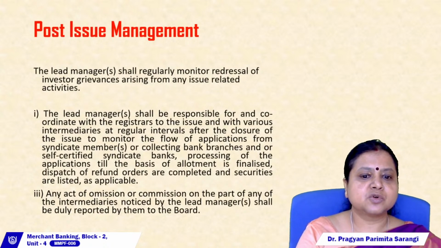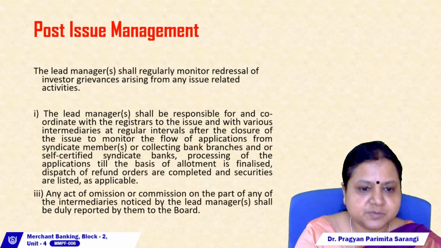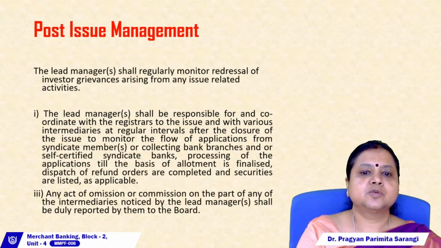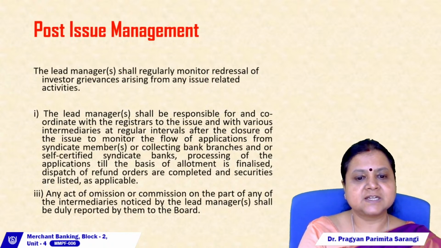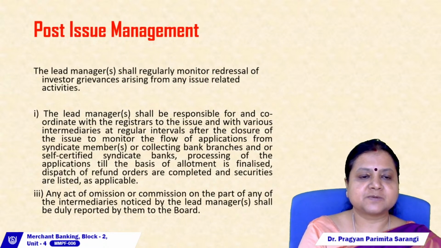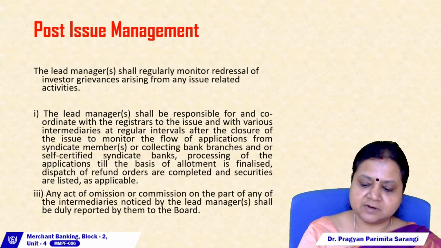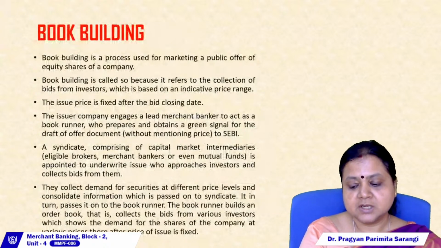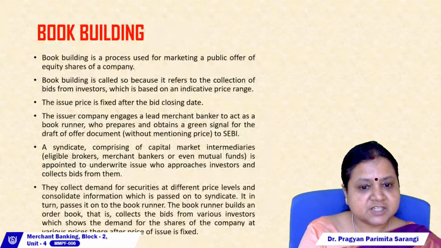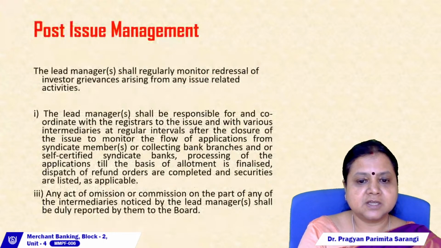Similarly, in the post issue also, the merchant banker is responsible to analyze the collected forms or subscription forms. Then the collecting banks will collect the subscription forms, analyze them, then allot. Finally, it will be allotted to the individuals who have subscribed for those securities, and it will be dispatched to the investors who have invested in the securities.